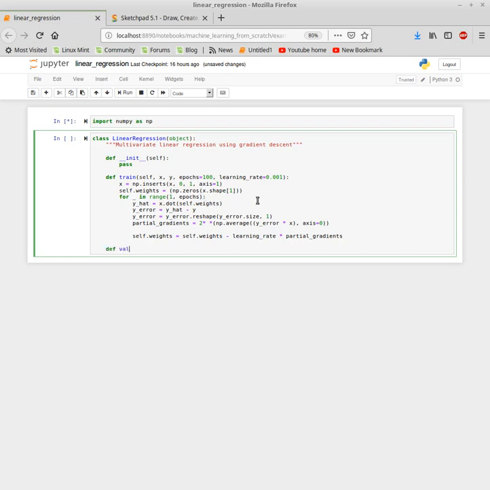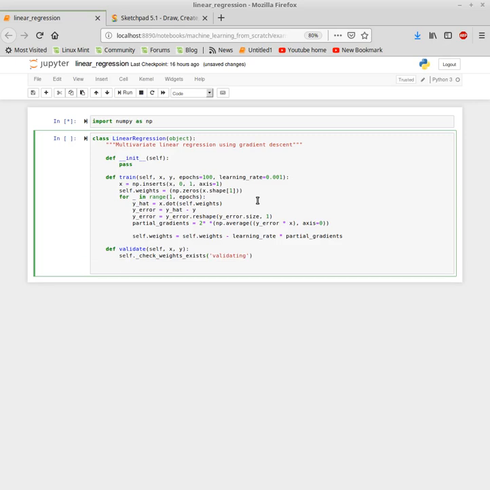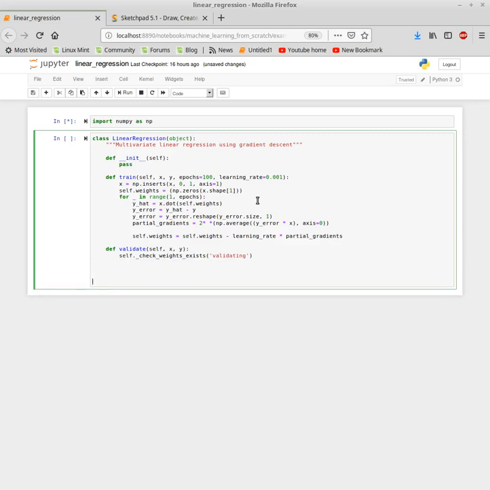Let's just write something like validate, just another method. So probably want to do this first. Check if weights exist. Let's just write that here.